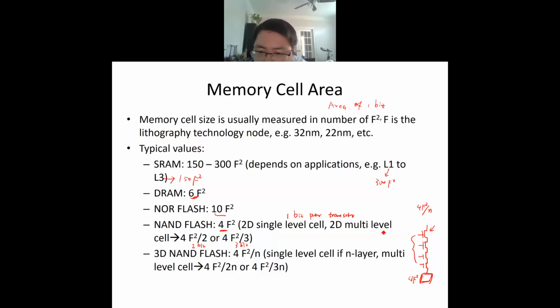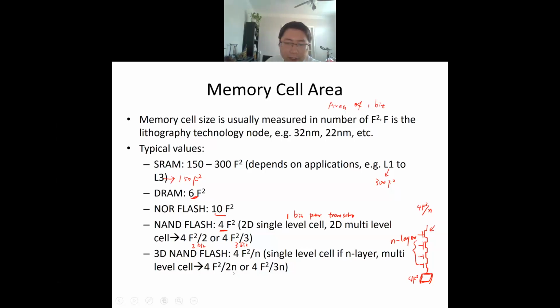So if you have n layers, you will save the space in the horizontal or lateral dimension. So this is how you build very high density SSD. And also you can combine those two, this multi-level per cell together with the 3-dimensional integration, you will get 4f squared divided by 2n.